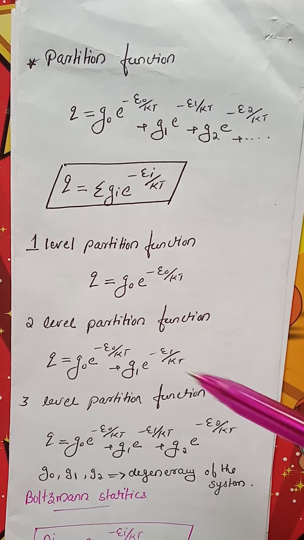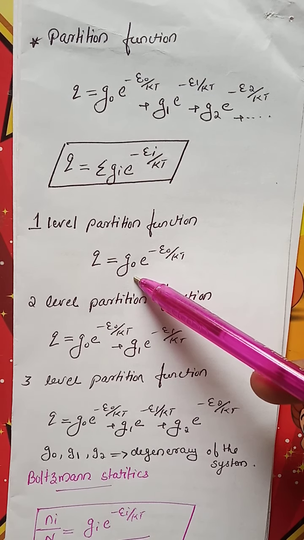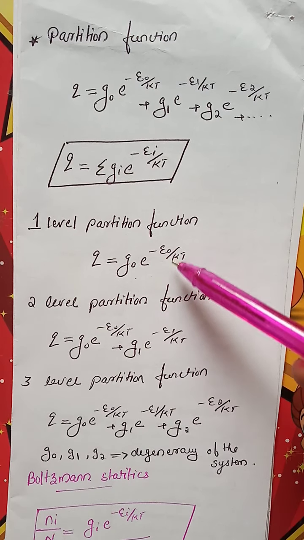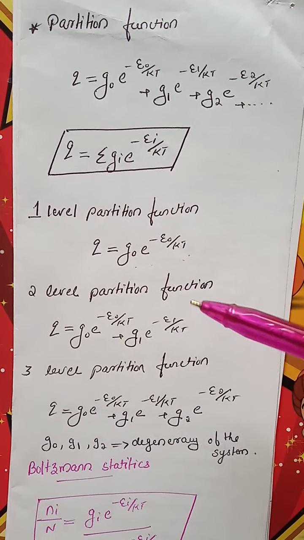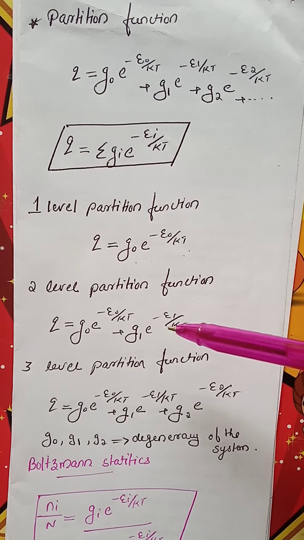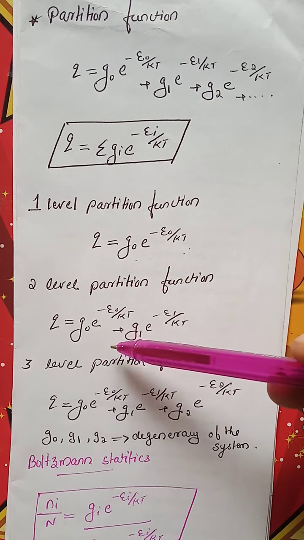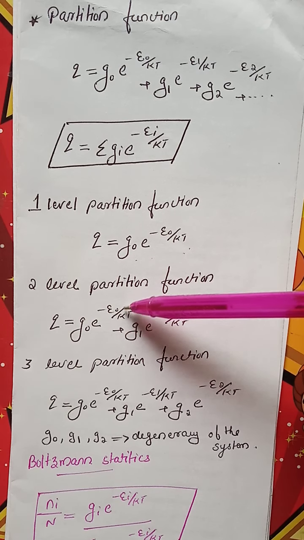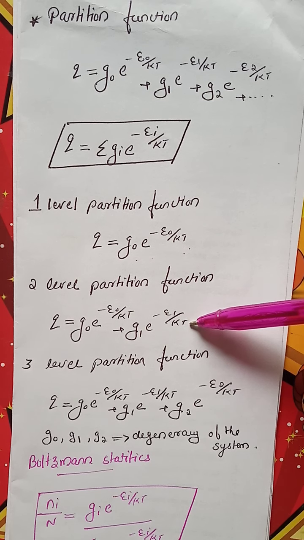And the first level partition function can be found out by the formula Q is equal to G0 e raised to minus E0 by kT. Only one term is there. When we are going to find two level partition function, we have two terms here. That is Q is equal to G0 e raised to minus E0 by kT plus G1 e raised to minus E1 by kT.